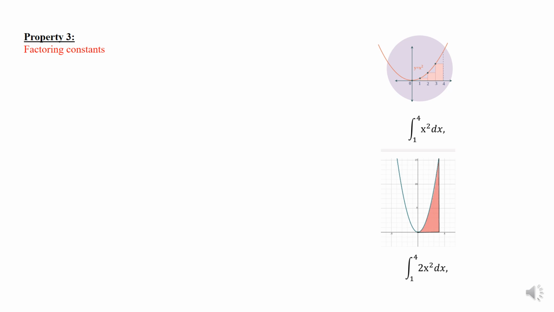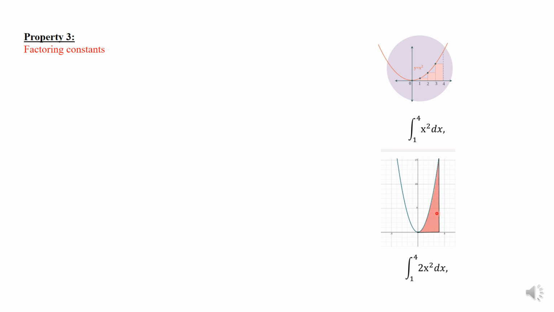And now property 3, factoring constants. If you look at the figures to the right, you can see in figure 1 the graph of the function y equals x squared, a parabola. Also in figure 2, the graph of the function y equals 2x squared, so x squared multiplied by 2.